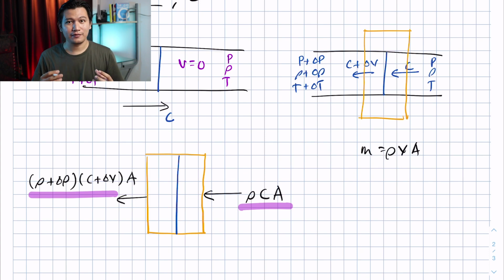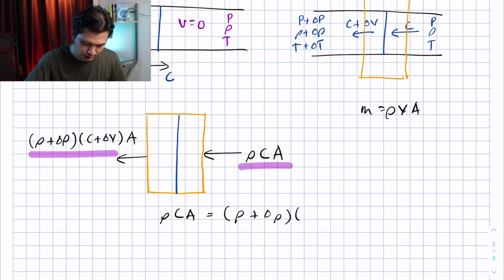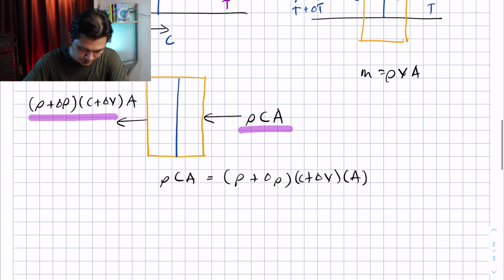Now let's write the equation. Rho times c times area equals rho plus delta rho times c plus delta v times A. Let's try and solve this.